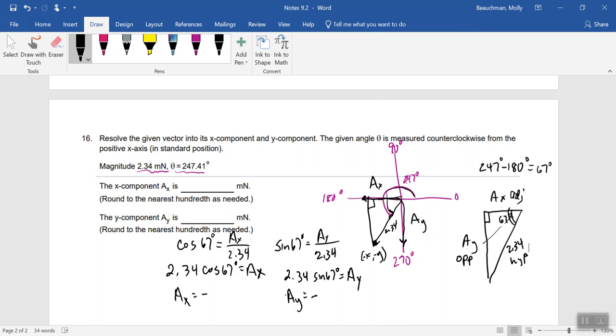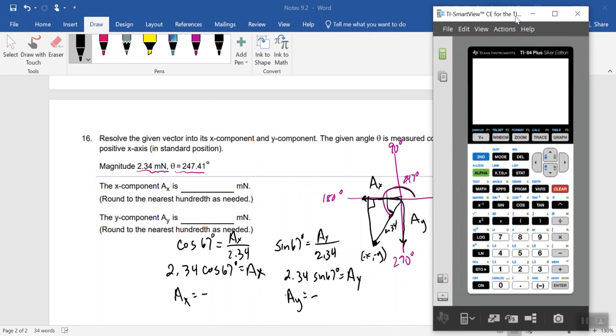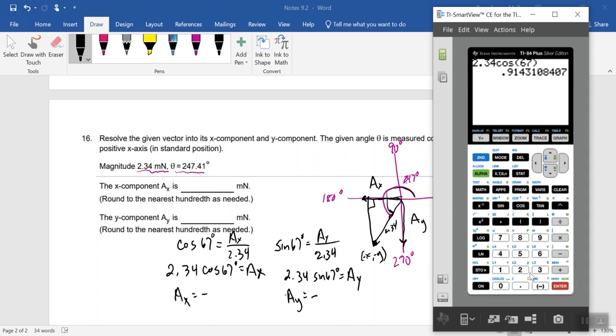So we type those in our calculator. I need 2.34 times the cosine of 67 and 2.34 times the sine of 67.